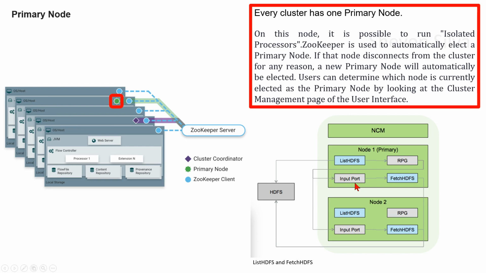This causes each node in the cluster to receive a portion of files to fetch. Each Fetch HDFS processor can then fetch the files from HDFS in parallel.